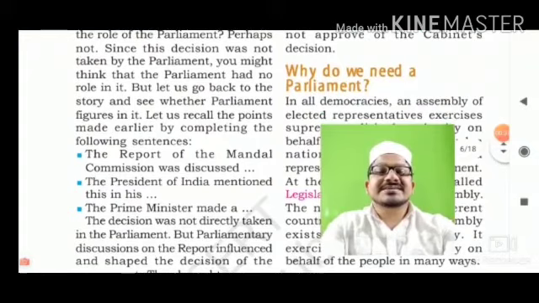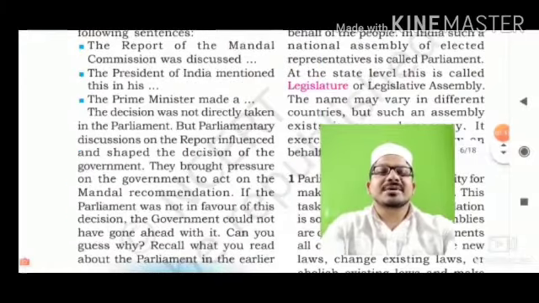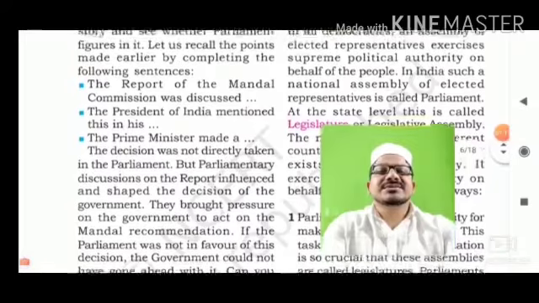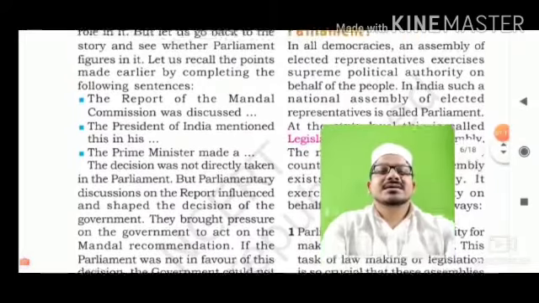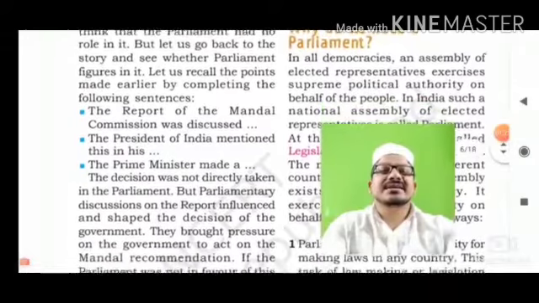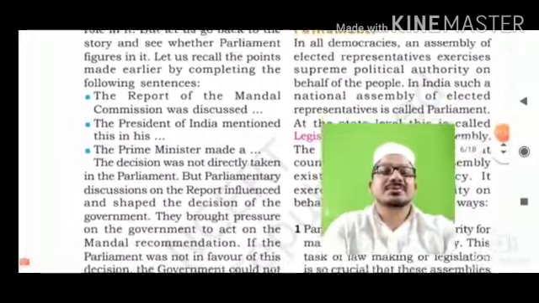We have already studied a story of the recommendation of Mandal Commission. It was the recommendation of Mandal Commission to give 27% of the total government jobs for the socially and educationally backward community.